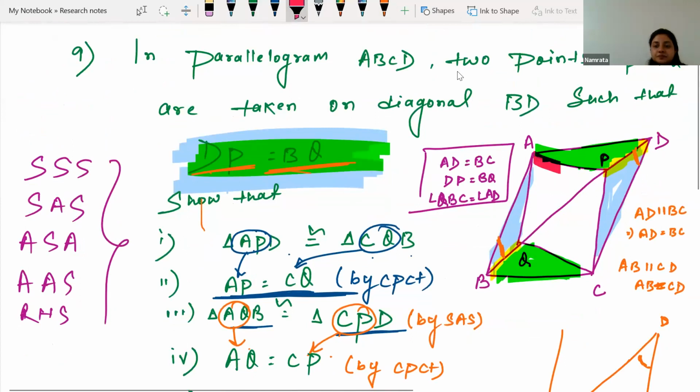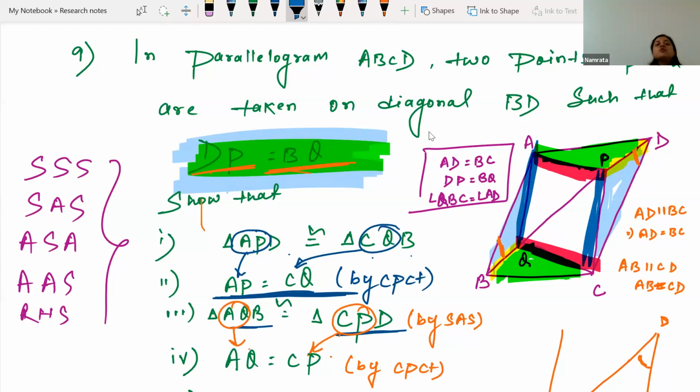AP and CQ are the same length. We have also proved in the fourth part that AQ and CP are the same. So if opposite sides are the same, then obviously it's a parallelogram.